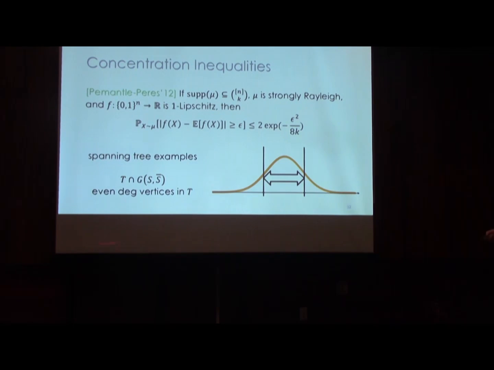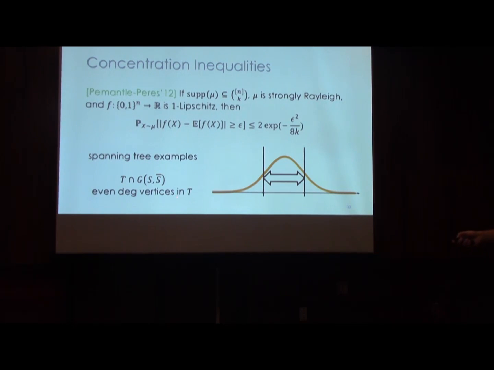So, for example, using this result, you can prove statements like this, which are highly non-trivial if you weren't using this machinery. This part is not that non-trivial: if you look at the number of edges a tree has in a cut, that would be a function which is Lipschitz, and so you would have concentration.